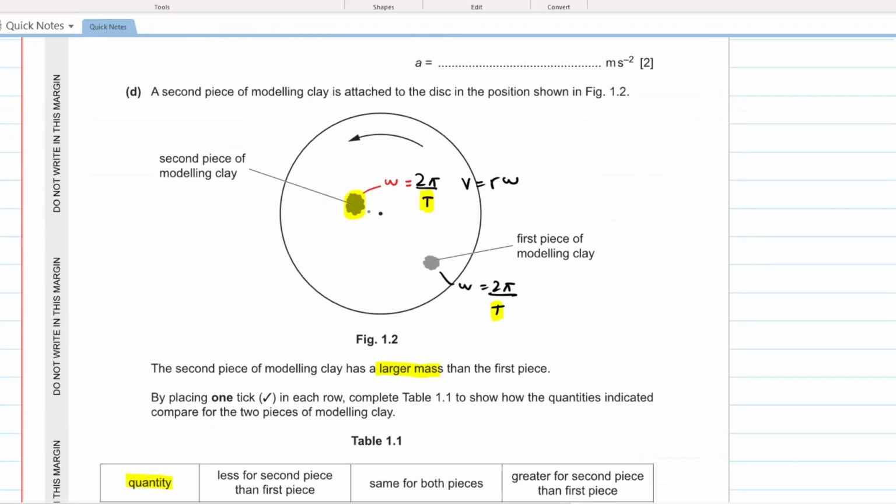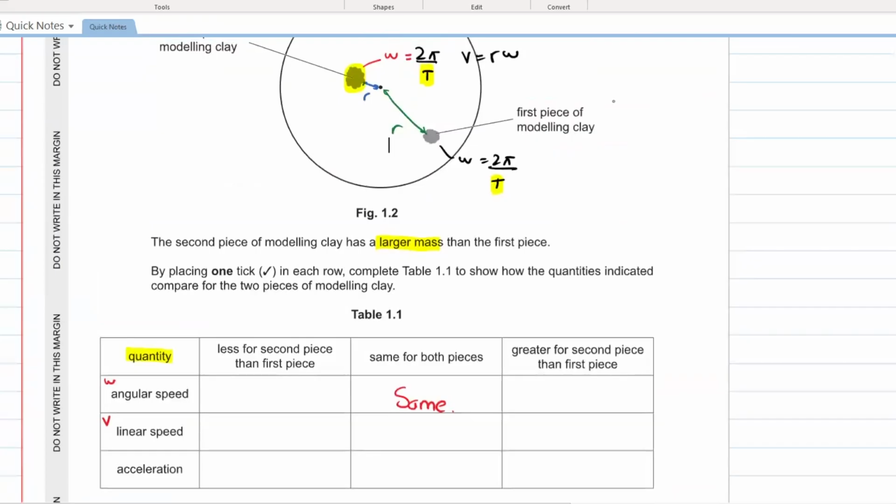Can you realize that the radius R here for the second piece is much smaller compared to the radius here of the first piece. First piece का radius is much greater compared to the second piece का radius. So if the radius, let me mark it like this as well.